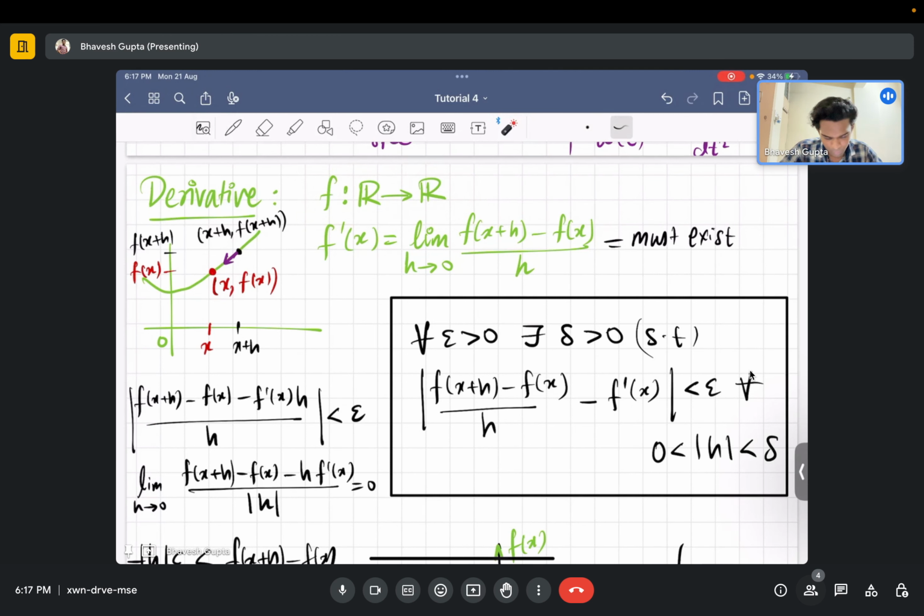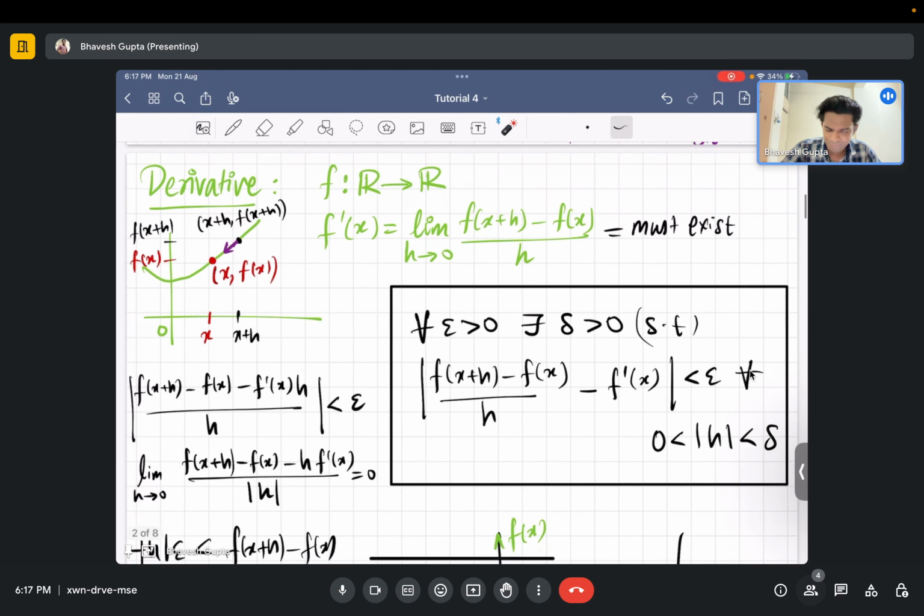So to avoid that problem and just to give you a general idea of what is called a derivative, because derivatives don't much depend on our intervals, we just take a general function which is defined from real to real, and we assume the function is continuous.